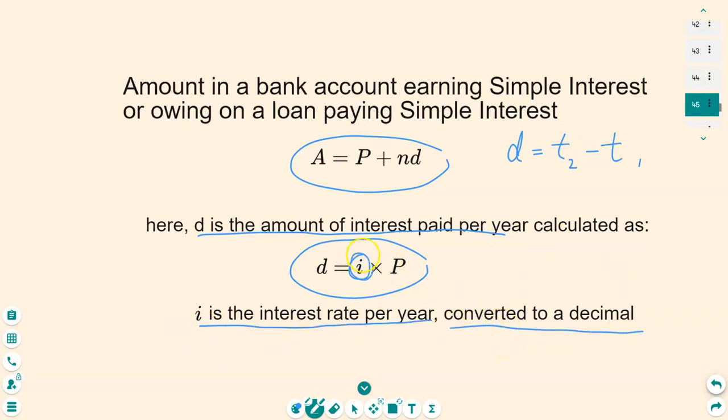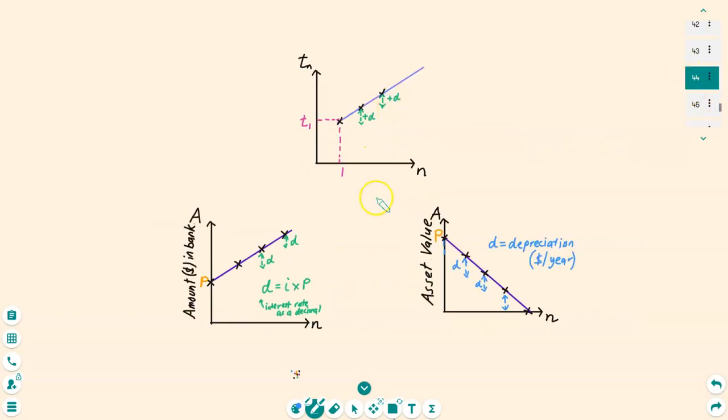So this little I. So most people usually know that P is the principal. They can quickly see that, recognize that from our formulas, A and P. But yeah, this D is a little bit different now. And on this slide here, we just have what it looks like. So arithmetic sequences look like that.